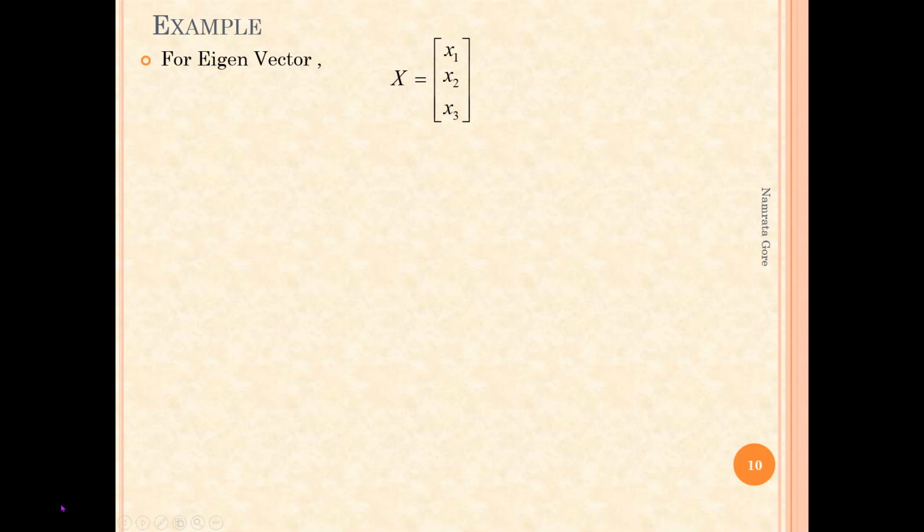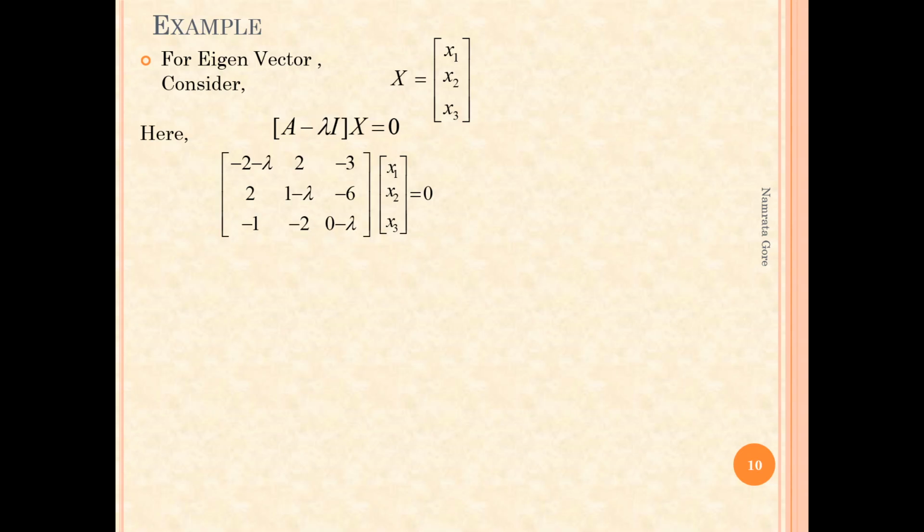Now for the eigenvector, for the 3 by 3 matrix I will have 3 components in the eigenvector. So x I have written as having components x1, x2, x3. Again, using the equation A minus lambda I into x equal to 0 and substituting A minus lambda I and x, we get this particular equation.